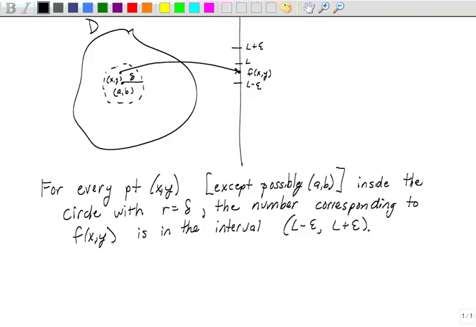Now the same rules apply as with regular functions of one variable. Suppose, let's look at a polynomial. And polynomials are continuous in one variable.